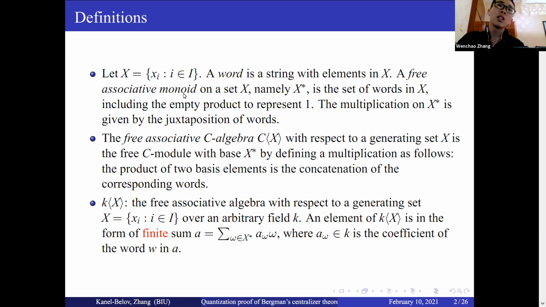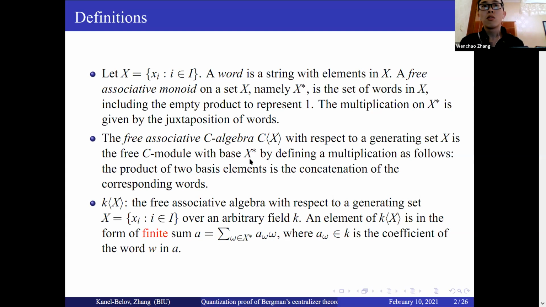So what's the free associative algebra? A free associative algebra K angle X with respect to a generating set X is a free K module with basis X star, defining multiplication as follows: if we have two basis elements, the product is just the concatenation of the corresponding words.